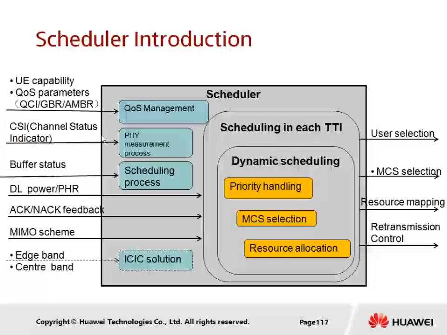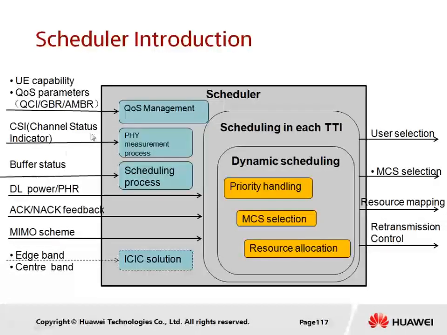So CQI will be considered in the scheduling algorithm as well, followed by buffer status, which is the data volume in the buffer, and the downlink power or uplink power headroom, the HARQ feedback, which could be a positive or negative acknowledgement, and whether we are using a MIMO scheme or not, is it 2T2R or 4T4R, or if we are using the ICIC solution. ICIC stands for inter-cell interference coordination, so is ICIC used?